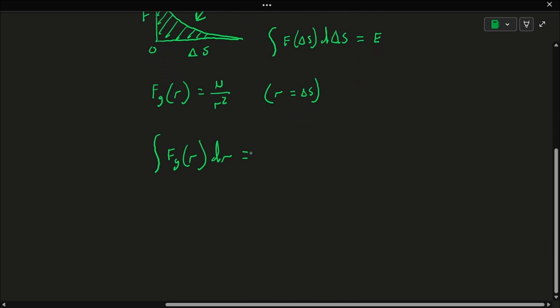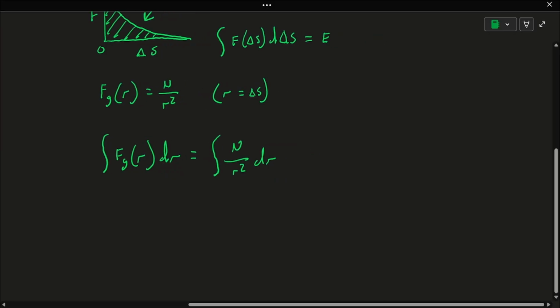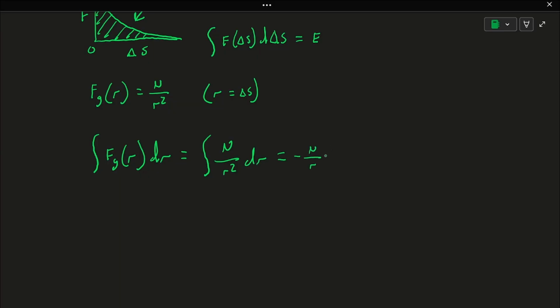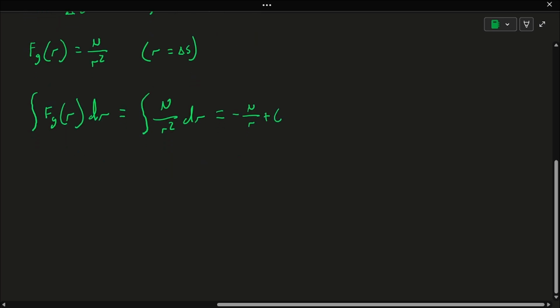So that is equal to the integral of mu divided by r squared dr, which then equals negative mu divided by r plus c. And you can manually calculate that to verify my work if you would like. And our c is, of course, our integration constant.